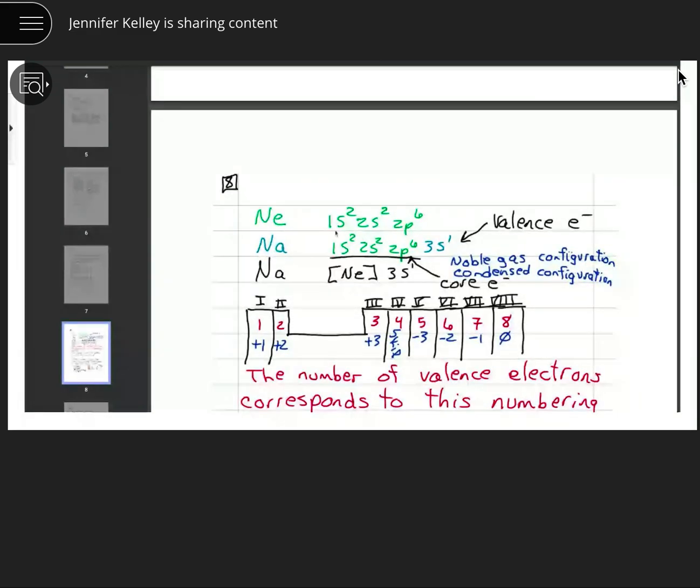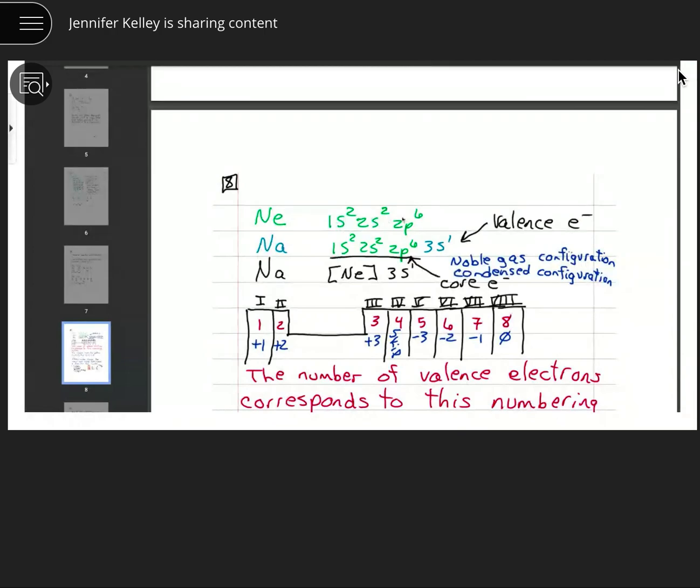And looking at nothing else but the electron configurations for neon and sodium. Neon is 1s2, 2s2, 2p6. Sodium starts out exactly the same and then goes one more: 1s2, 2s2, 2p6, and then there's that 3s1 electron.